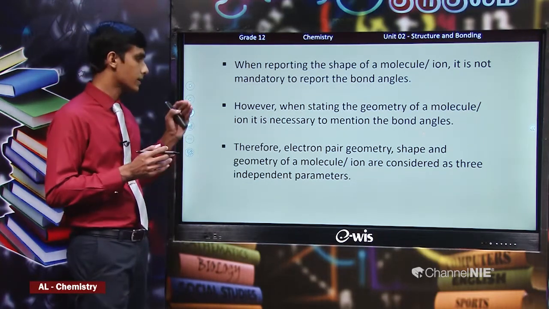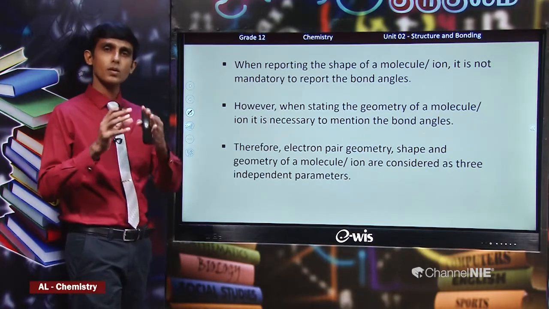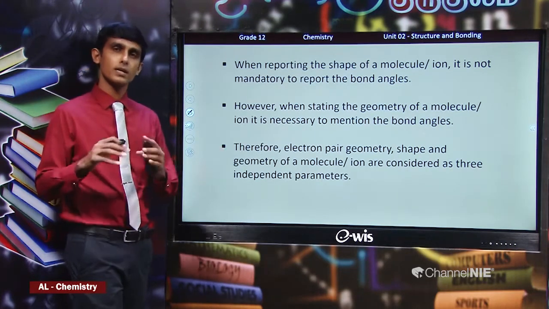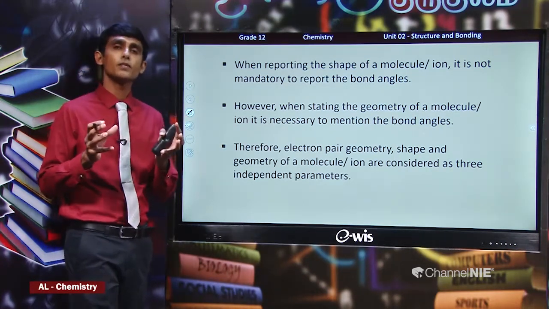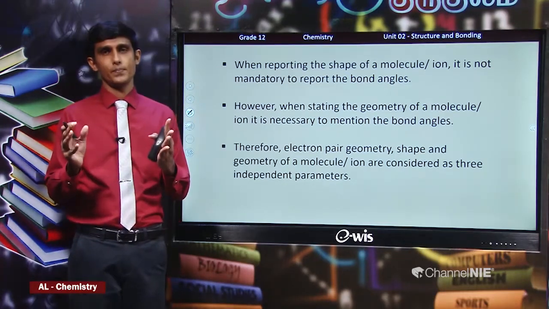When you say electron pair geometry, that is the arrangement of all the electron pairs, bond pairs as well as lone pairs. That is basically the arrangement of VSEPR pairs, that is the electron pair geometry.